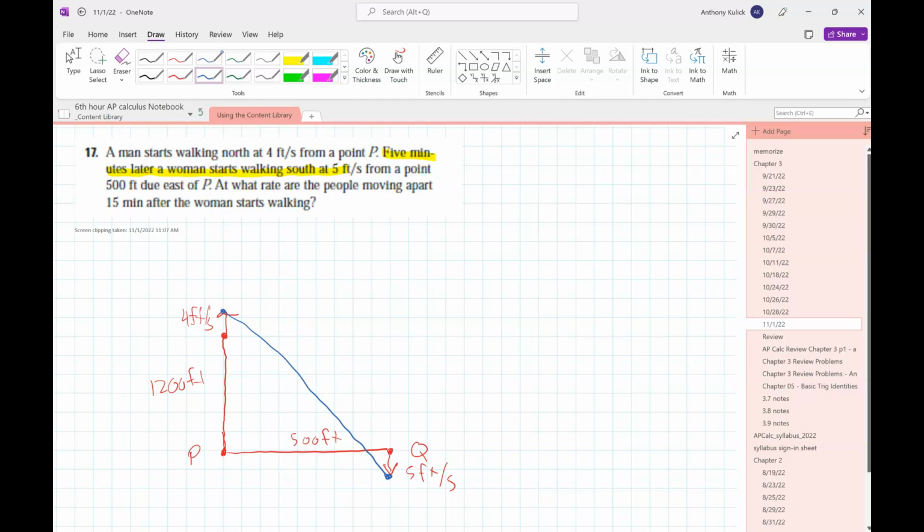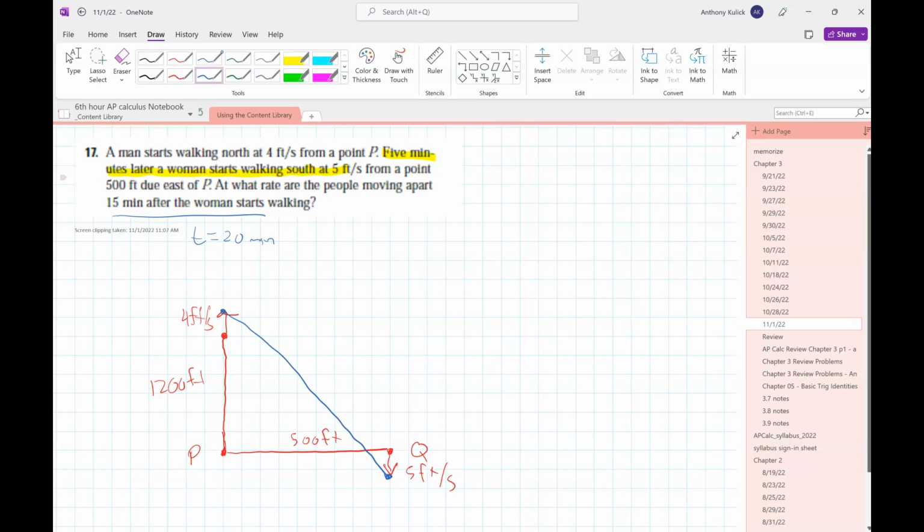After 15 minutes from when the woman started walking. So like this would be like t equals 20 minutes since the man started walking at time 0. And then 5 minutes later at time 5 minutes, the woman started walking.